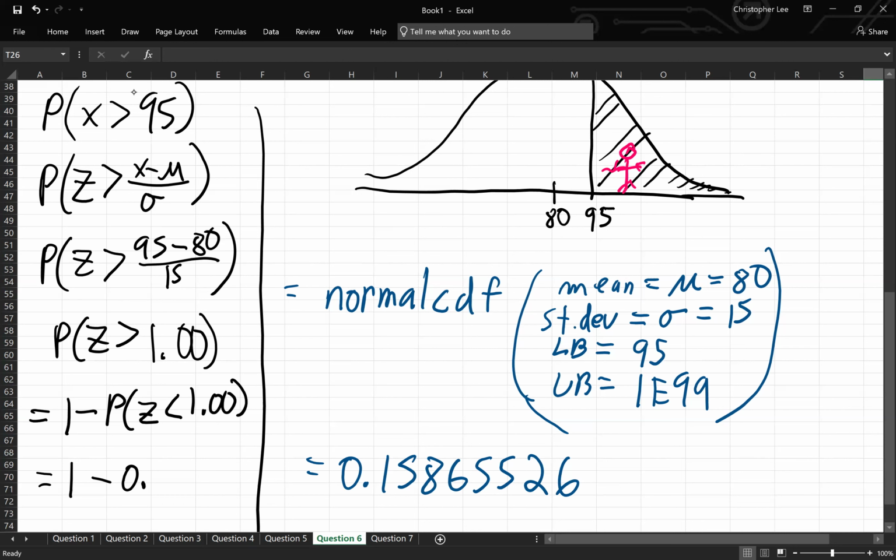It's 1.0. Wrong table, wrong distribution. 1.0. That's good. Go across to 0. Wonderful. Good job.